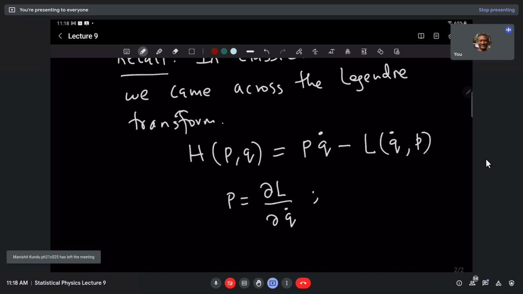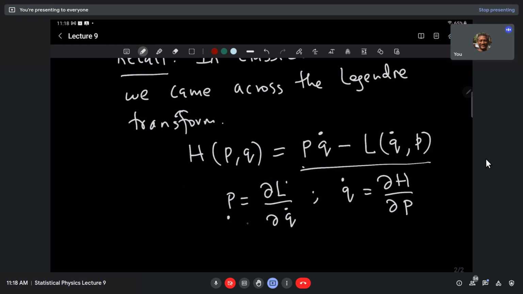And second, if you wanted to go the other way, it was to replace q dot with dH by dp, right? So these were the two different ways. One lets you go from Lagrangian to Hamiltonian, and the other lets you go from Hamiltonian to Lagrangian. So if you're given the Lagrangian, you define p and then do this, and there's a two-step process. It's not enough to do this. You need to also rewrite everything. Every occurrence of q dot should be replaced by p, etc.